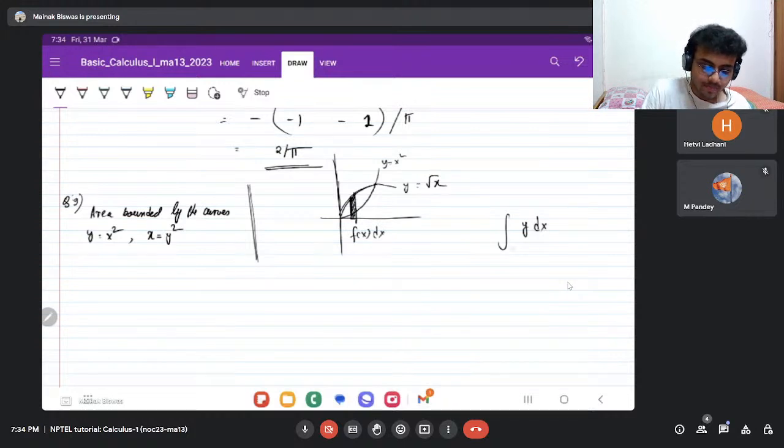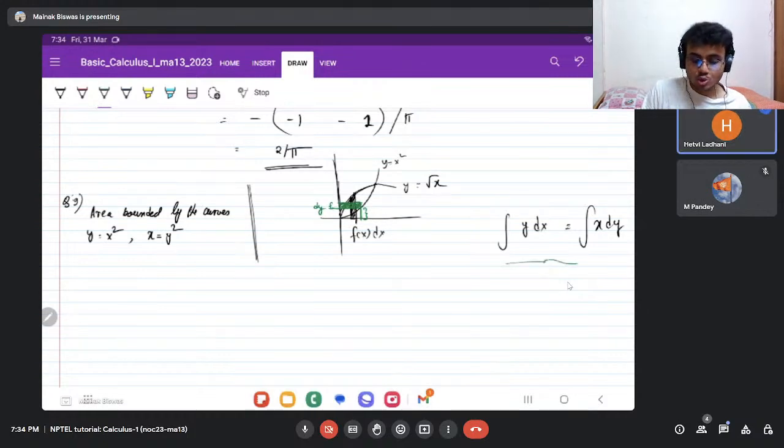This is one way. And that also can be done as x dy, right? What does it mean? See, for this x you can go dy upwards and still find this area, right? Agreed? So these two ways we can do.